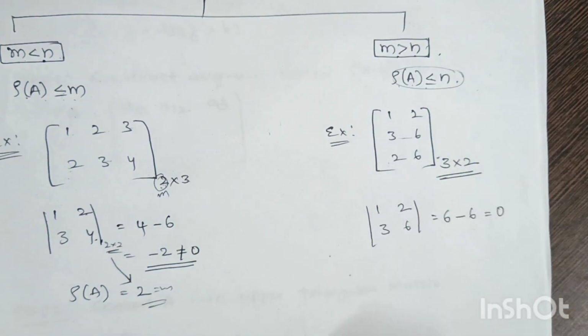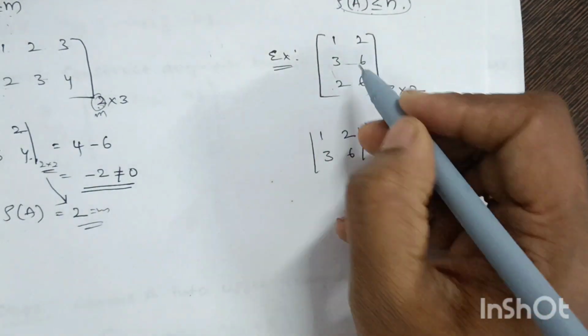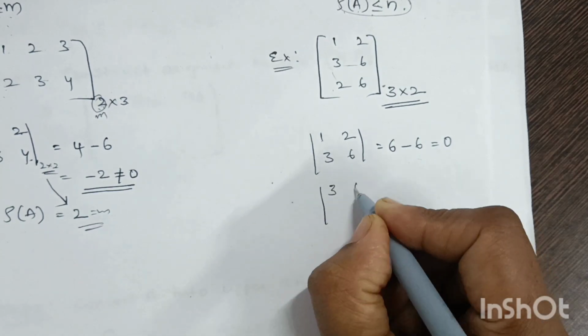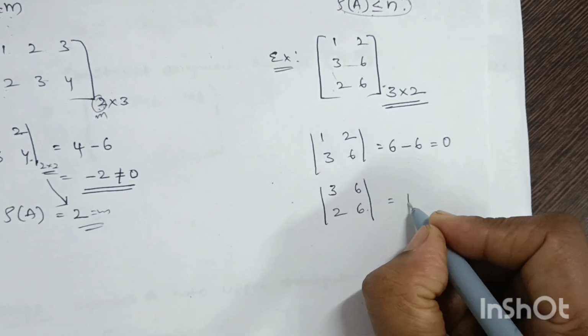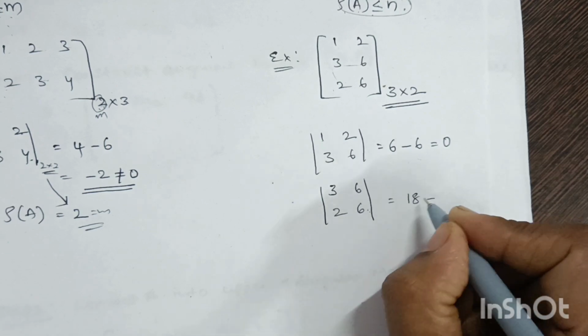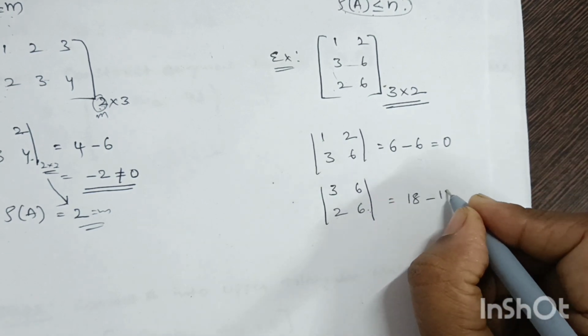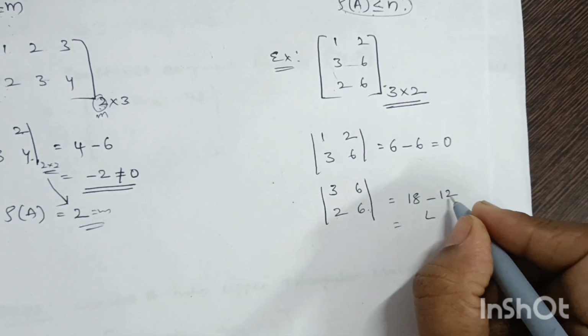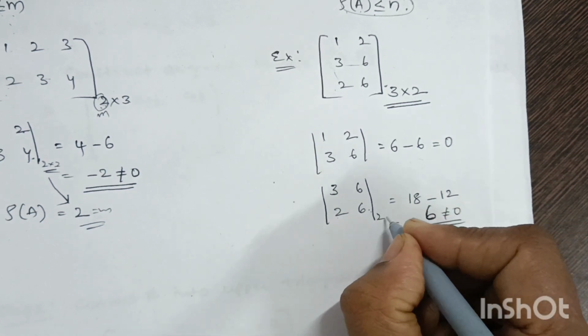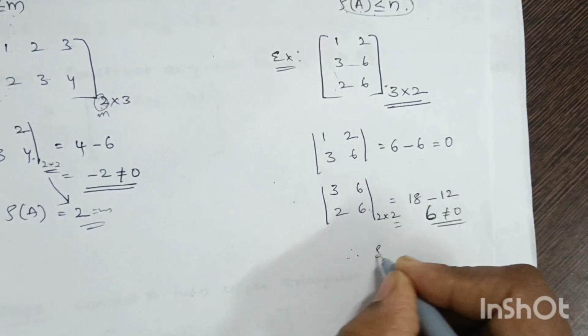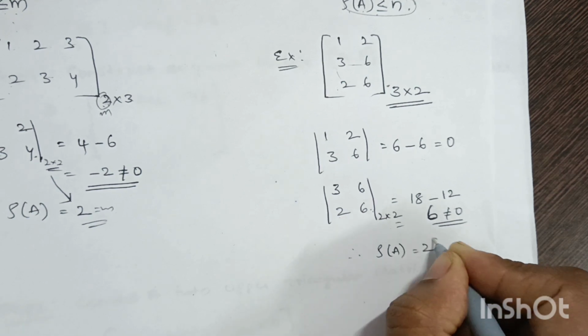So we got 0 here. Next minor: 3 6, 2 6. 3 sixes are 18, minus 6 twos are 12. So the answer is 6, which is not equal to 0. So this order is 2 by 2, and the rank of A is equal to 2.